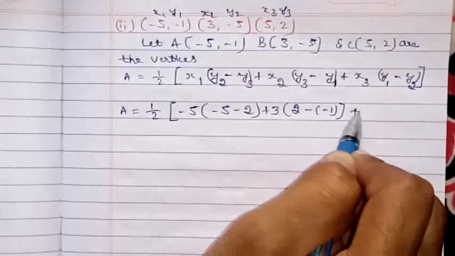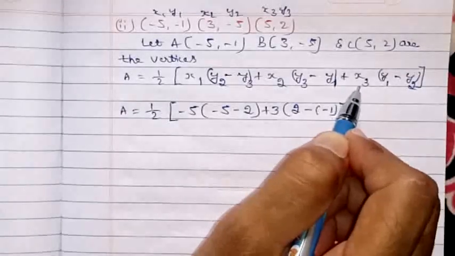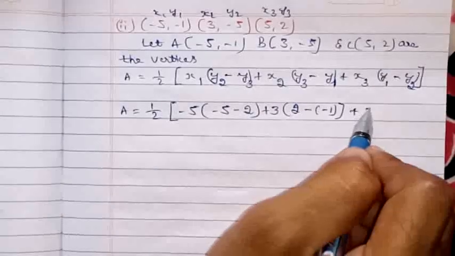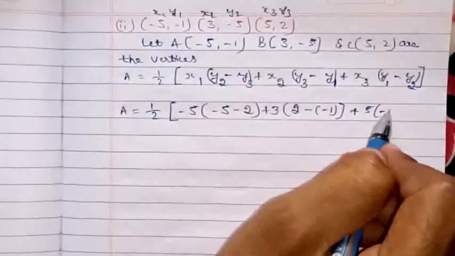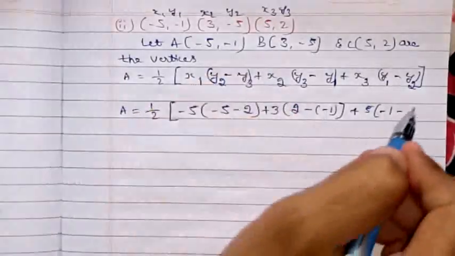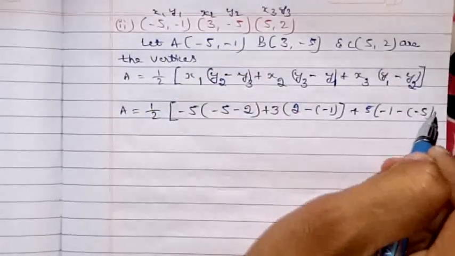Okay, plus x3 which is 5 into y1 which is -1, minus y2 which is -5, so therefore write it in a bracket.